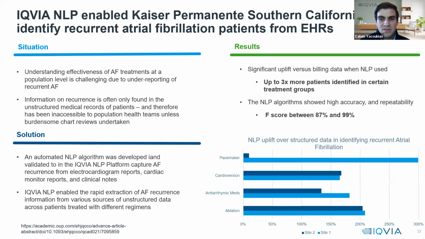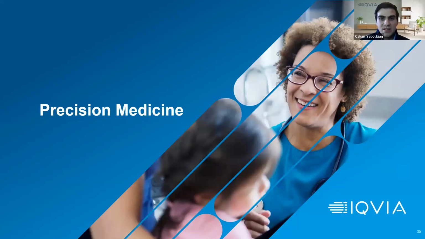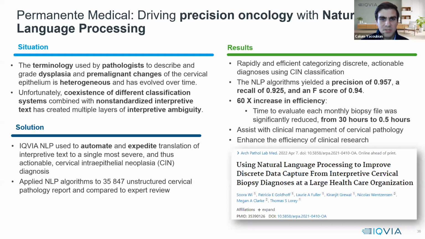I'm going to just flip gears and look more at the other end of population health, when we're talking about treatment decision making at a patient level based on their unstructured data within that precision medicine space. This is actually from Permanente Medical, which is separate to KP, but the physician group affiliated with Kaiser.